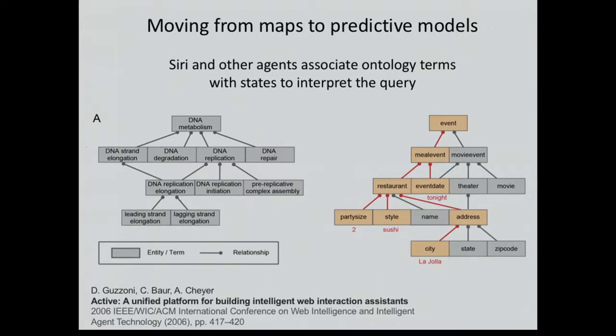And so you notice what's happening here is the state of city now becomes La Jolla, the style becomes sushi, party size becomes 2, and so on and so forth. And based on that information, Siri can now backpropagate and fill in terms like state and zip code, and up the ontology can return answers to your query like a list of restaurants that meet these state criteria.